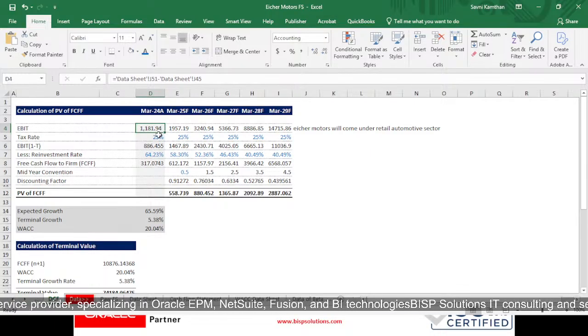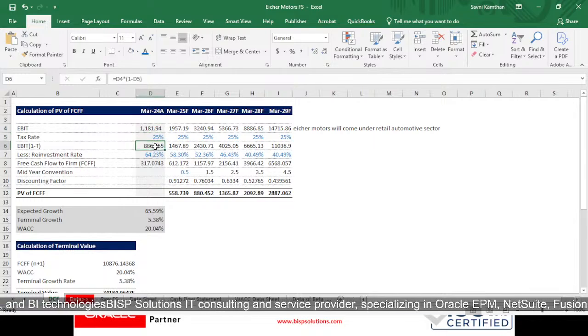Okay, now my tax rate will be 25%, which I have already told you all. Then when I want EBIT into 1 minus T, EBIT is this into 1 minus my tax rate, so I will be getting 886.455.